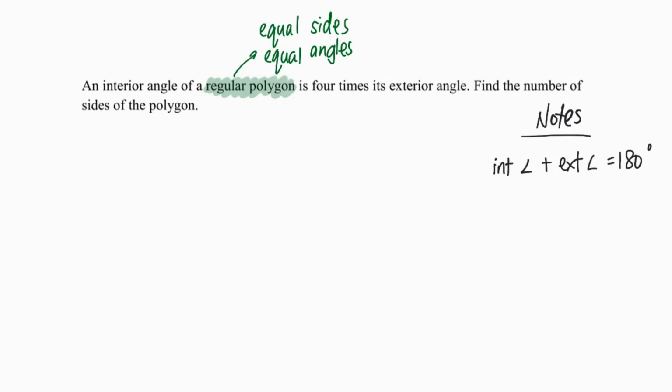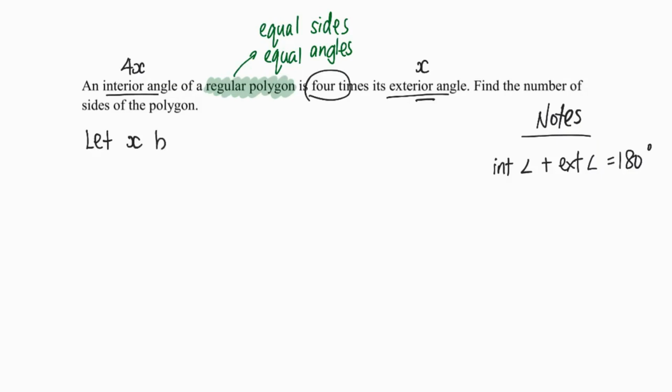Okay, so the first step is, of course, I am going to let x be the exterior angle. Then since interior is 4 times, so interior angle will be 4x. Get the idea now? But because this x is not given in this question, I will have to write it down.